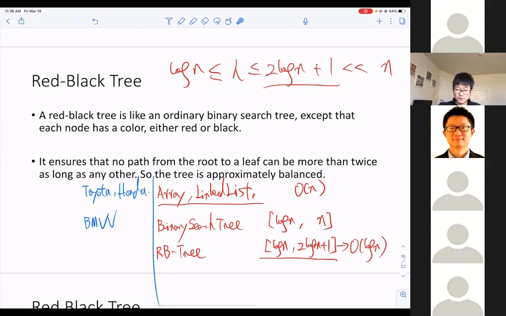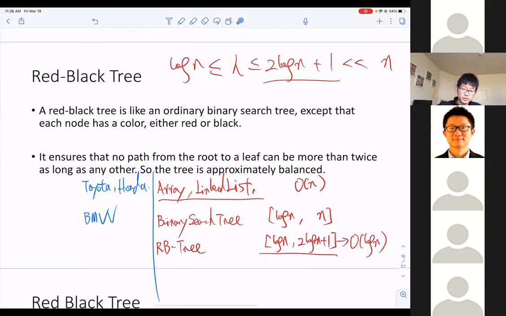But if you want to insert a new value into the binary search tree, it will take quite some effort because you have to deal with it in a very intricate way. And then the RBTree is probably something like a Porsche or even a Ferrari.